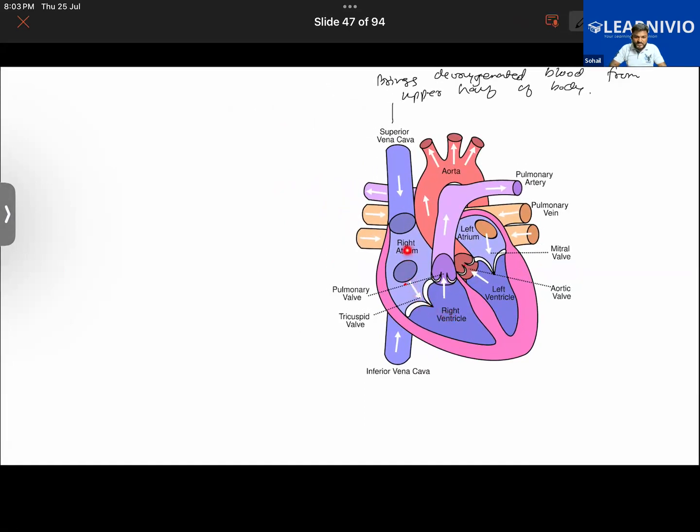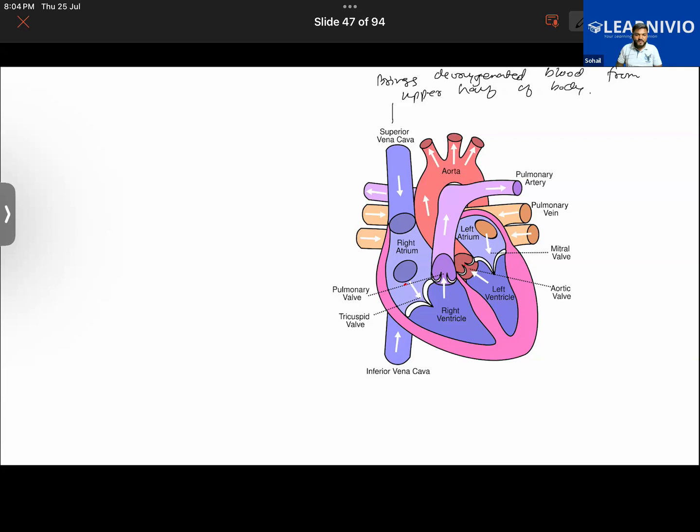So that once the blood from the right atrium goes into the right ventricle, it does not go back again into the right atrium. So it will open, the blood goes into the right ventricle, and then for a very small fraction of time, it will close. Getting what I'm trying to say?